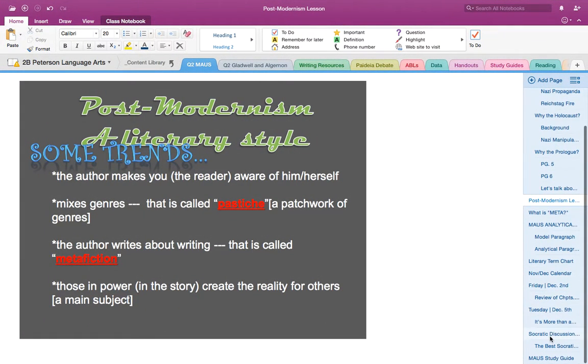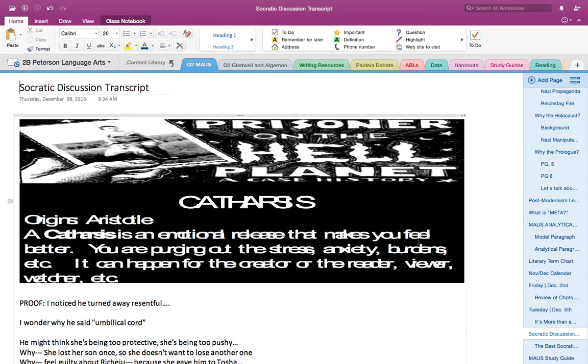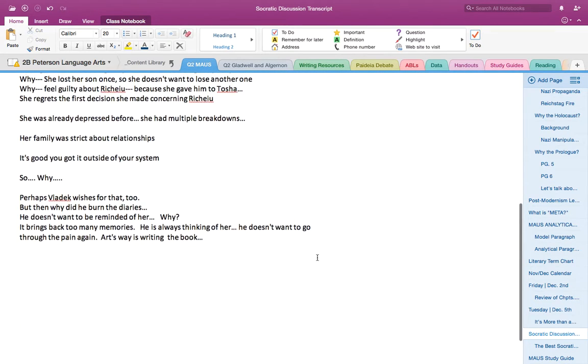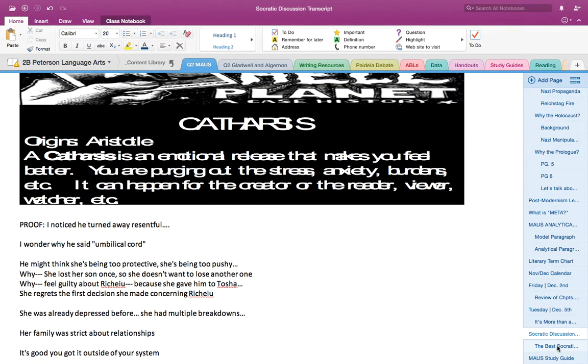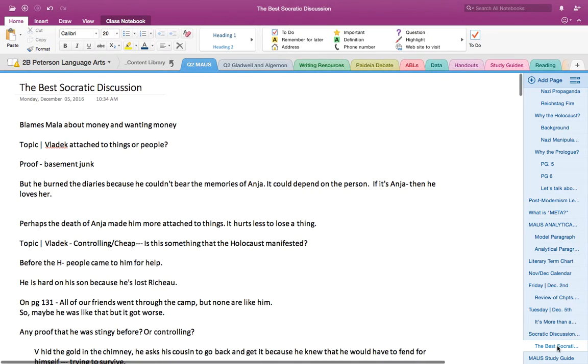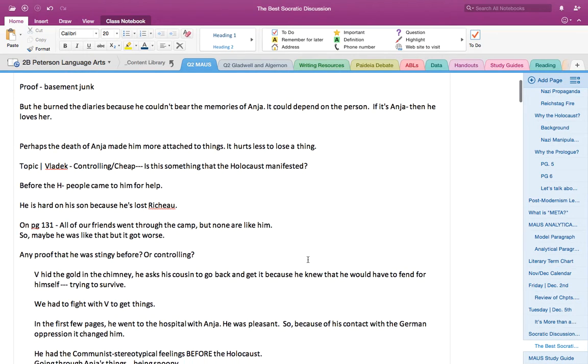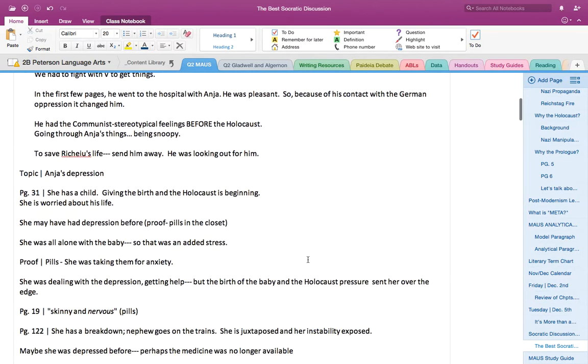A really good place to start, what I would do tonight, is reread whatever my class's Socratic discussion was, because sometimes I dropped in what we were talking about. I also have dropped into everyone's folder what I thought was the best Socratic discussion. I think it came out of 2A. And it went really deep, so it's got a lot of information.